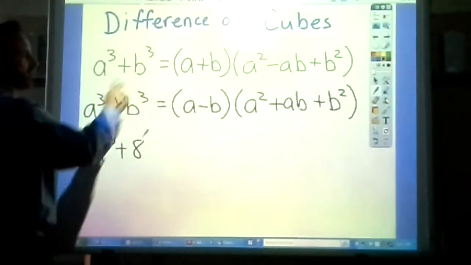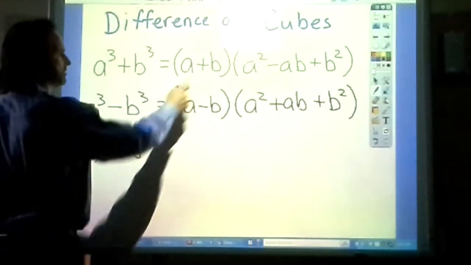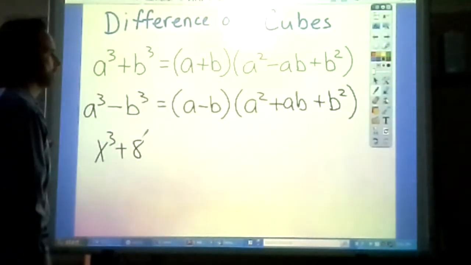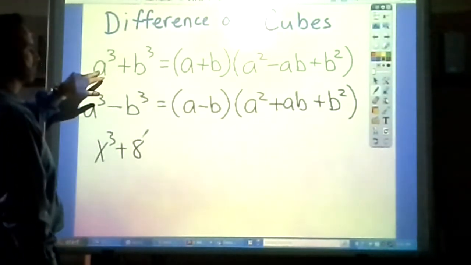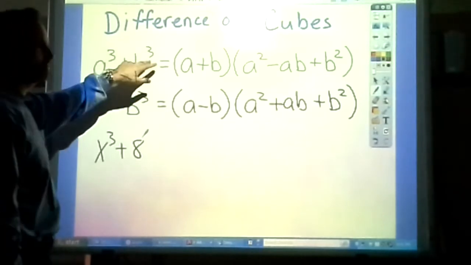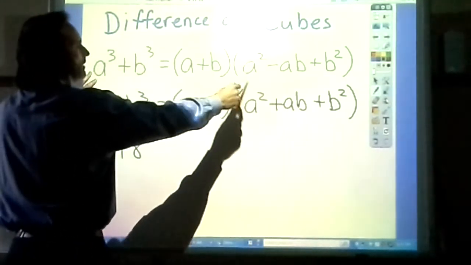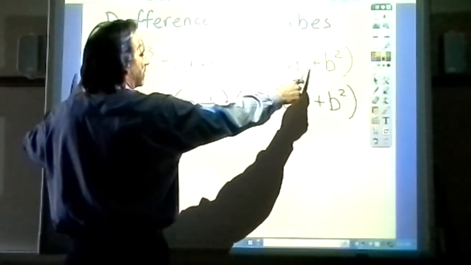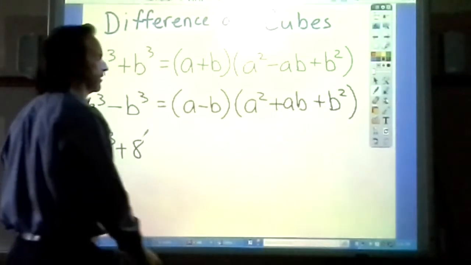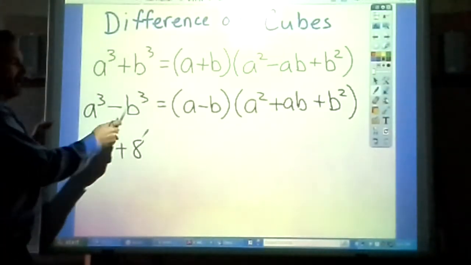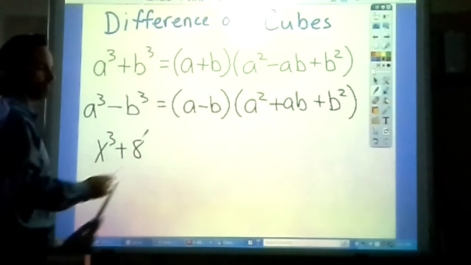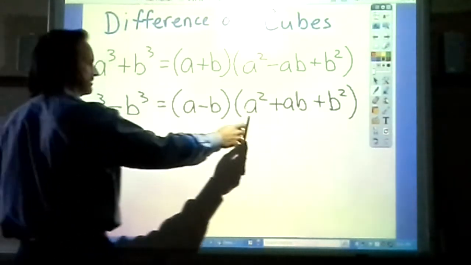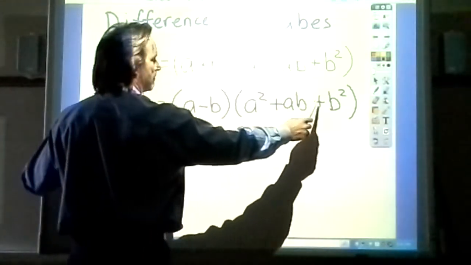A cubed plus b cubed factors as a plus b times... So if I have x cubed plus 2 cubed, it would be x plus 2 times x squared minus 2x plus 2 squared. Okay? If it's a cubed minus b cubed, it's a minus b without the cubes, and then everything's plus. A squared plus ab plus b squared.